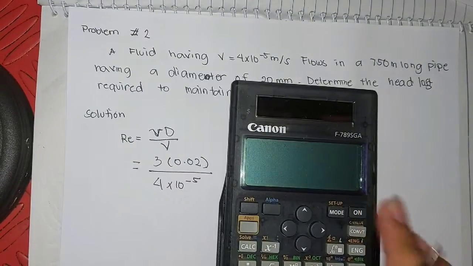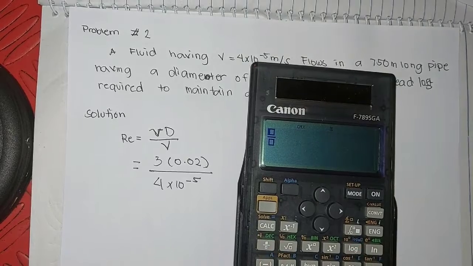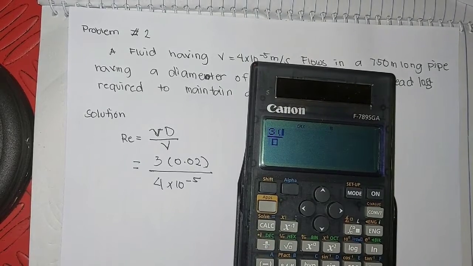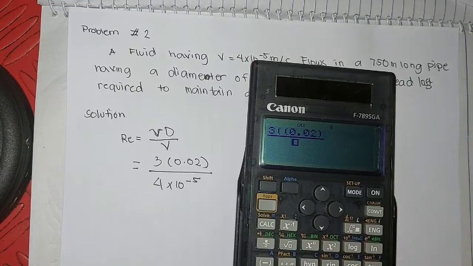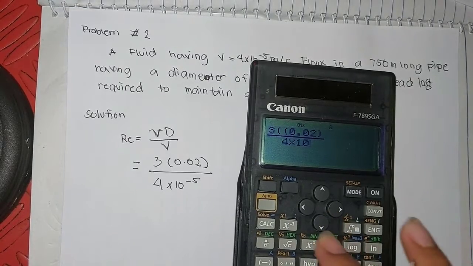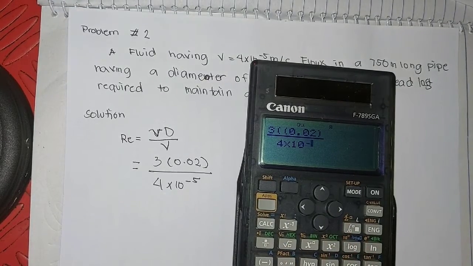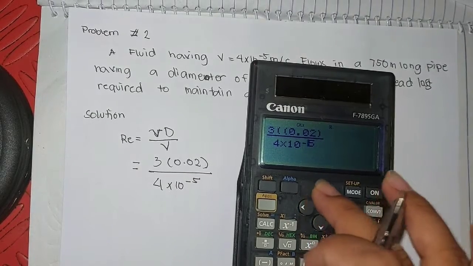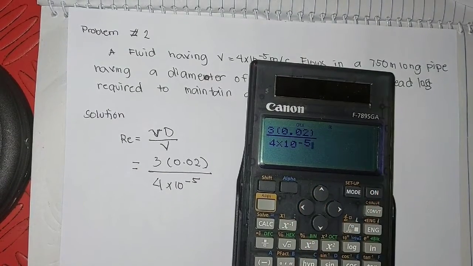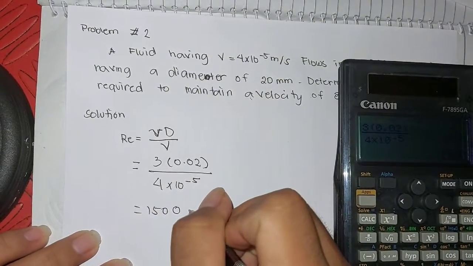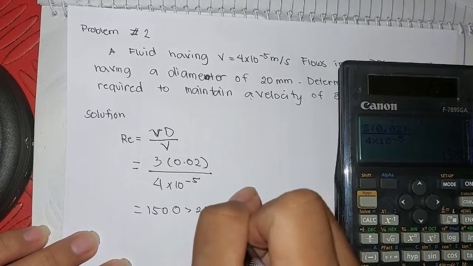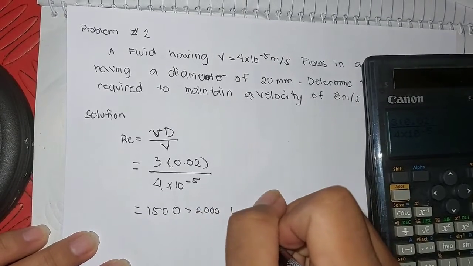Using the formula, we can calculate that: 3 times 0.02 divided by 4 times 10 raised to the power of negative 5 equals 1,500. It is less than 2,000, so it is laminar.